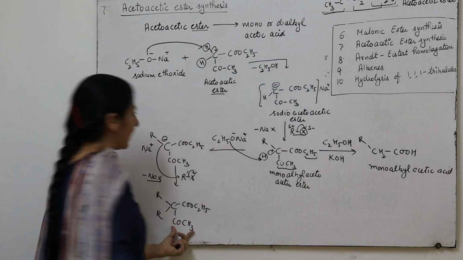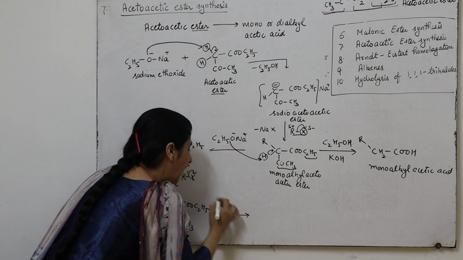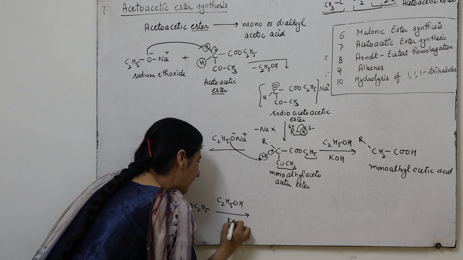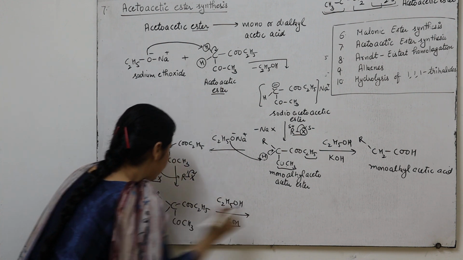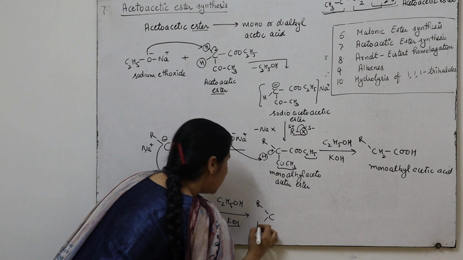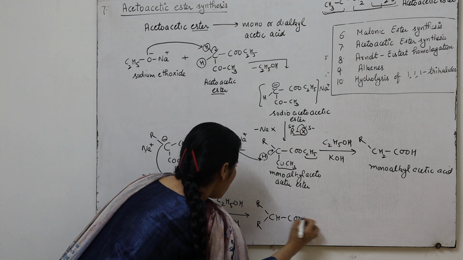So this dialkyl acetoacetic ester undergoes acid hydrolysis in the presence of KOH, and again we get R, R dash, CH, COOH.